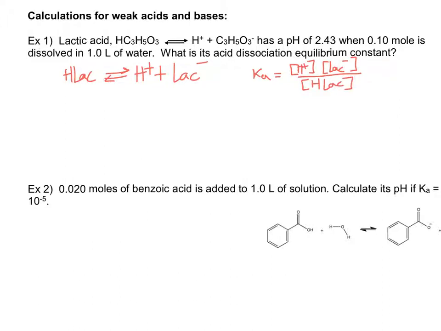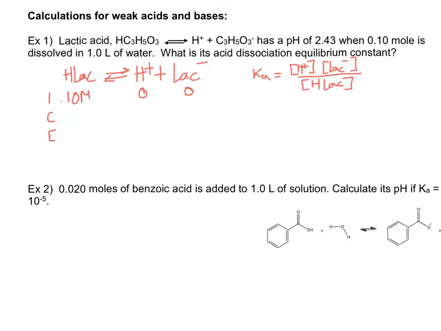And I don't have any of these numbers, so maybe I should start an ICE chart, so I'll do that. And originally I know that I have 1/10 of a mole in 1 liter of lactic acid, so that ends up being 1/10 molar. I know I start with these as zeros.